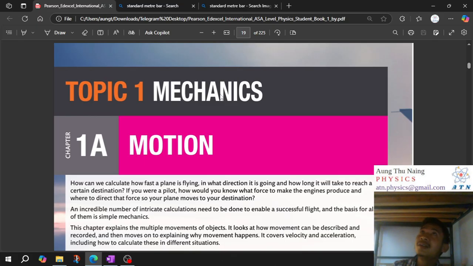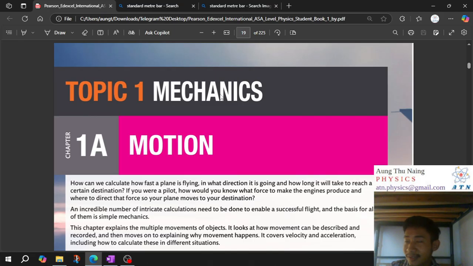There are two branches under mechanics: kinematics and dynamics. Kinematics is describing motion, and dynamics is explaining motion.